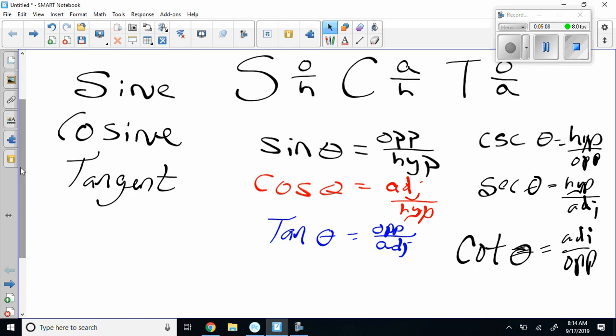So it's the inverse of it. It's flipped, right? You're going to also see that it can be written in different ways. But anyway, we'll talk about these for right now.